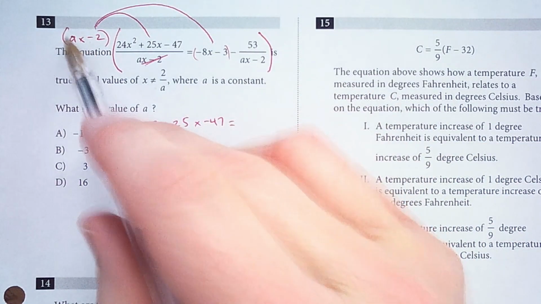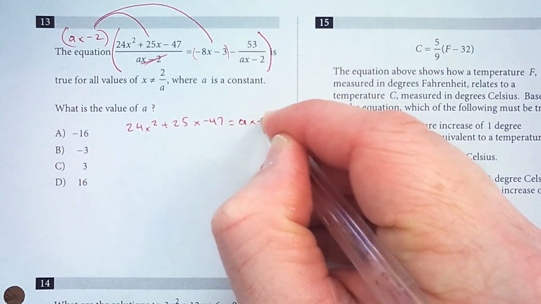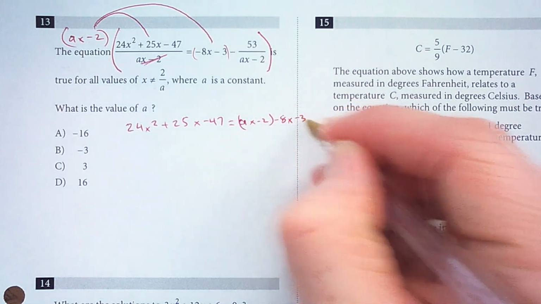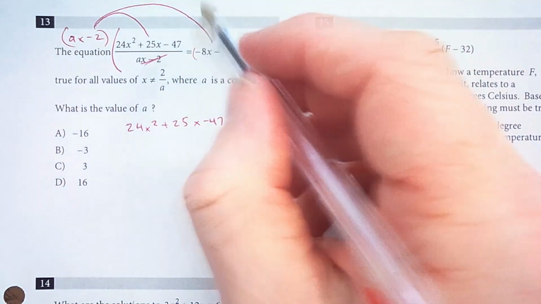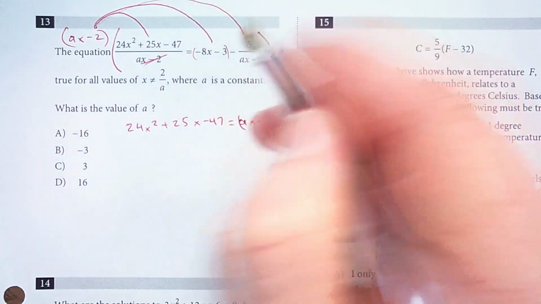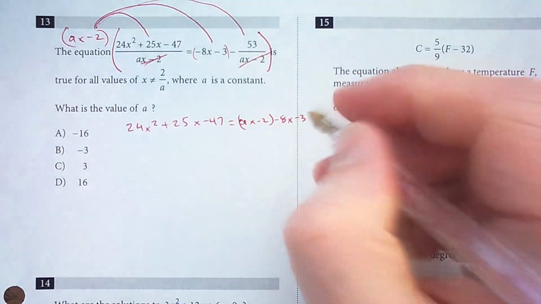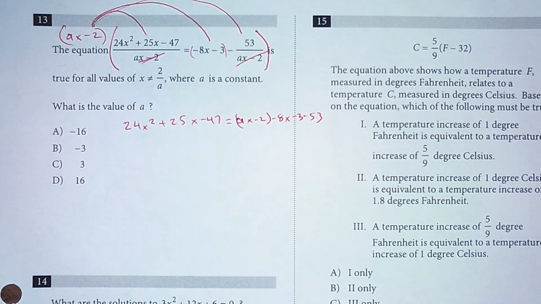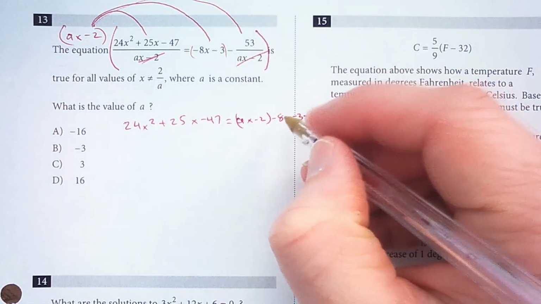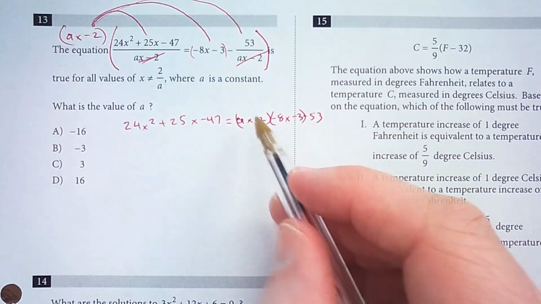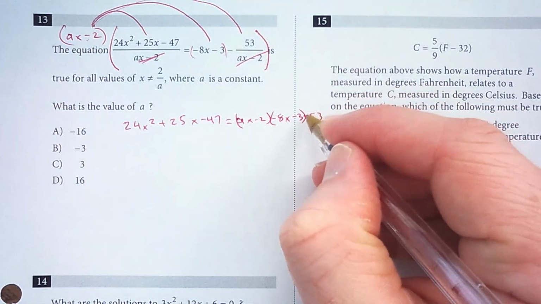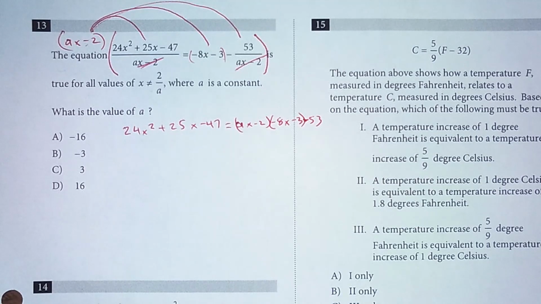So I have (ax minus 2) times (-8x minus 3). And when I distribute to this part right here, it does cancel, so I have minus 53. I should have parentheses right here because it's (ax minus 2) times (-8x minus 3), then minus 53.